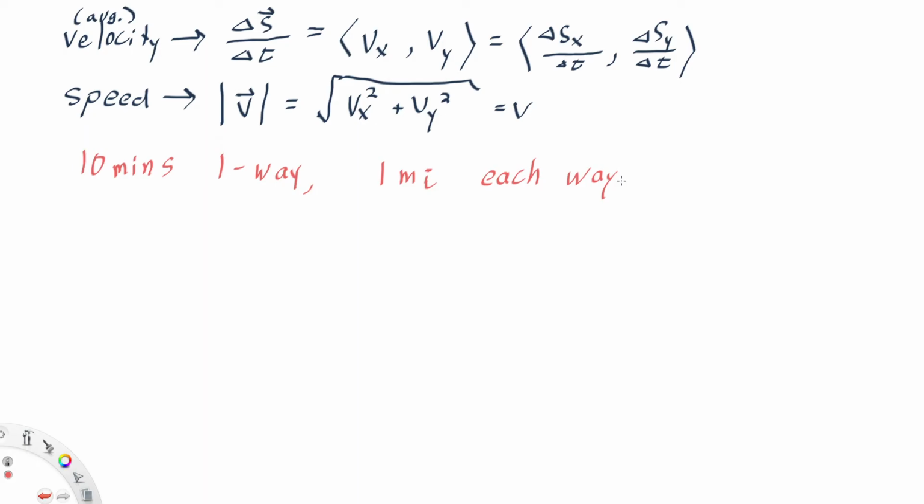What is your average velocity for the whole trip? A tenth of a mile per minute in whatever direction Starbucks is. That's for the first leg, for sure.